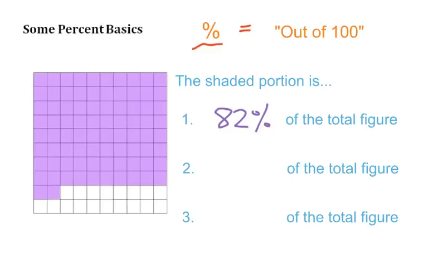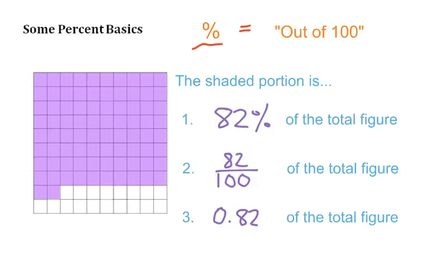I could also say the shaded portion is 82 out of 100 pieces of the total figure. And I could also say the shaded portion is 0.82 of the total figure. So these are 3 true statements that reflect the relationship between percents, fractions, and decimals.